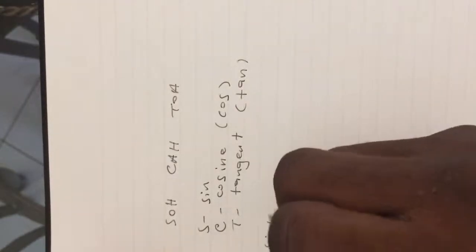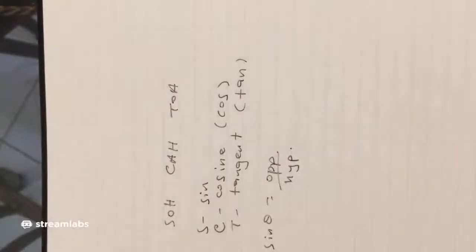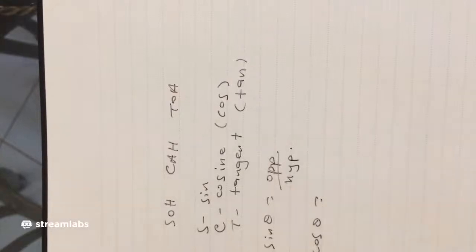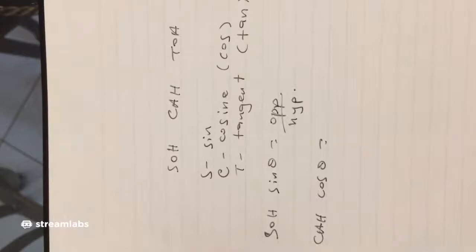So it says sine of theta. We're doing SOH first. Sine of theta is equal to opposite over hypotenuse. Then CAH: cosine of theta is equal to adjacent over hypotenuse.